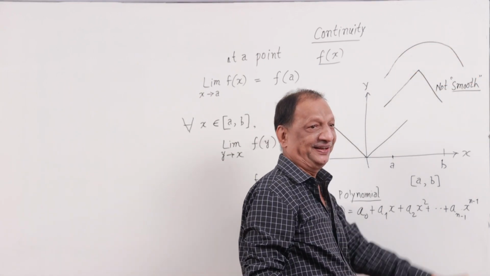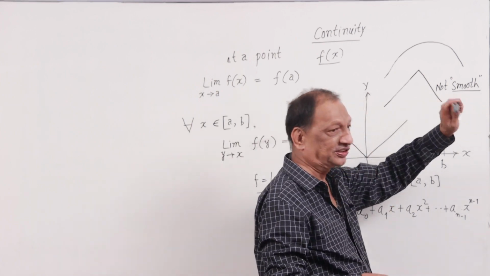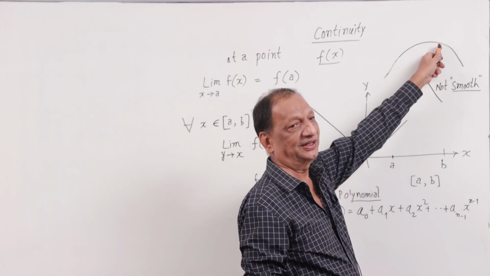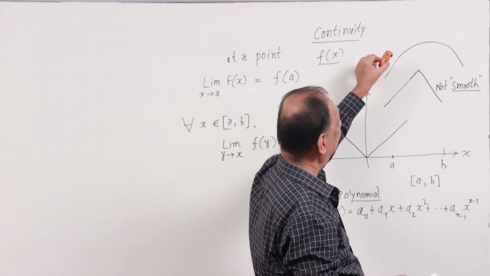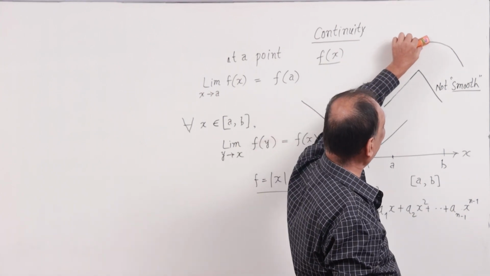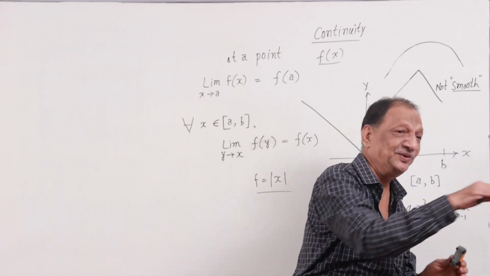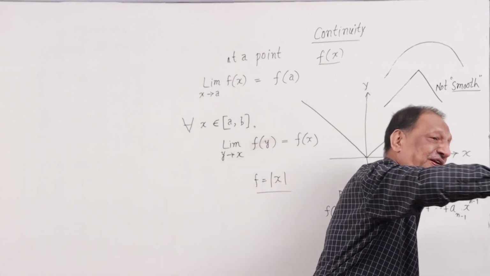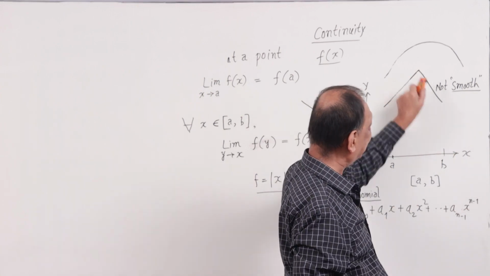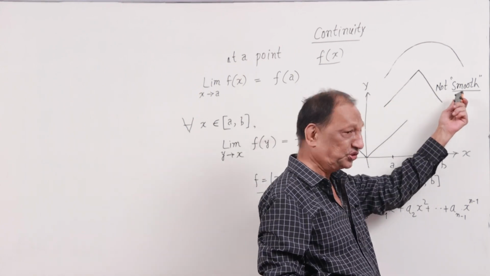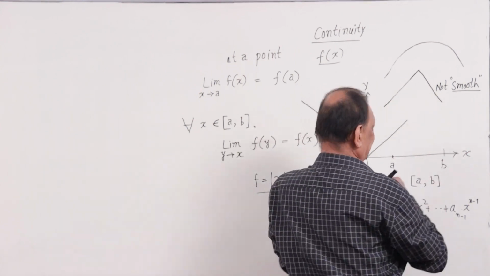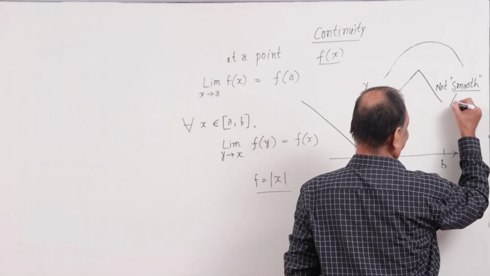In the case of a smooth graph or a smooth road, the direction is changing slowly, incrementally, infinitesimally. So we can drive across that smooth function. Whereas here there is a sudden change of direction. The problem with not smooth is sudden change of direction.